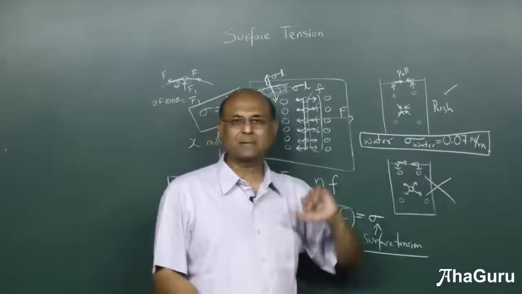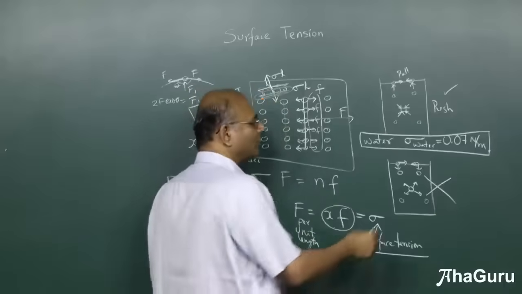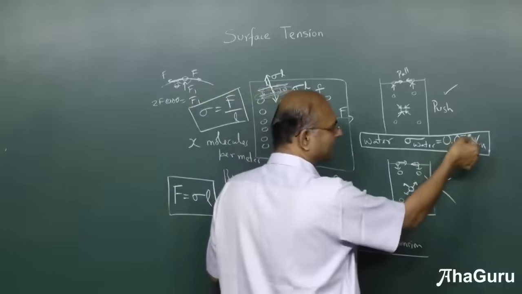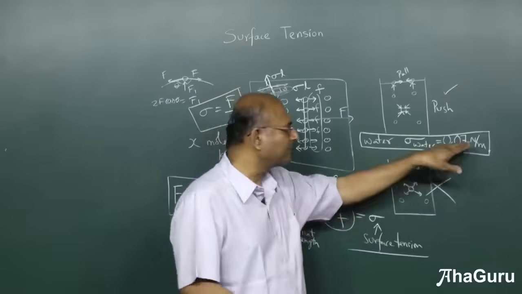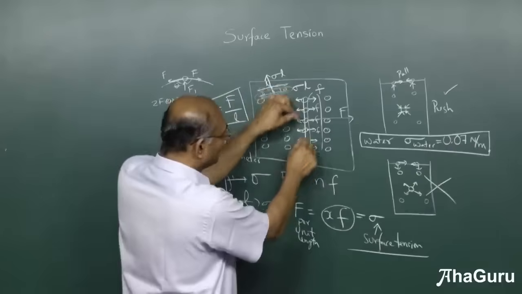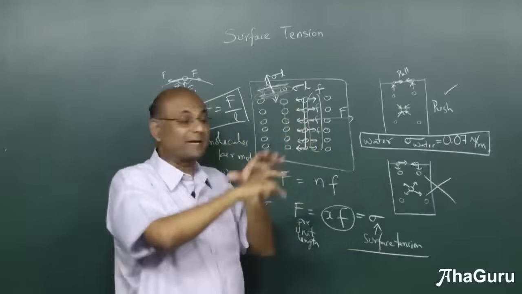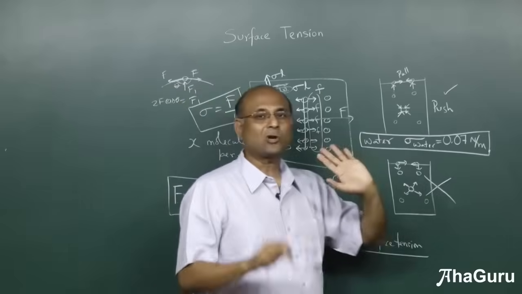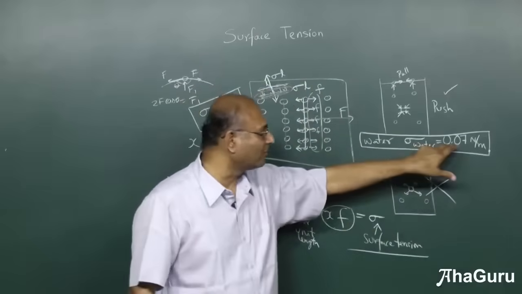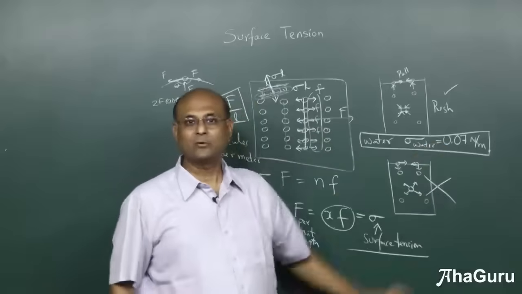Sometimes you can use 0.075 as an approximate value; I think it's 0.072 for pure water, but it also changes a little bit with temperature, because the molecules may expand a little bit. So you see that X will change, therefore surface tension will change.